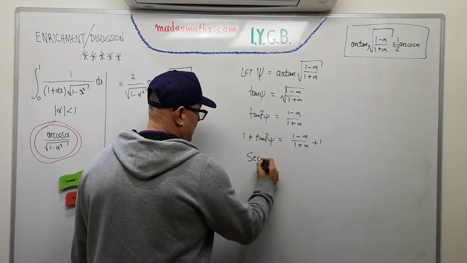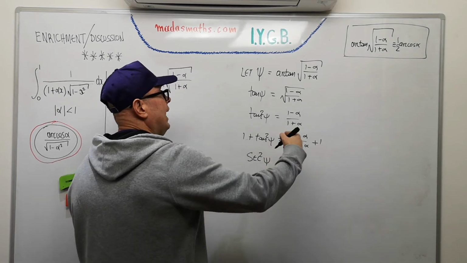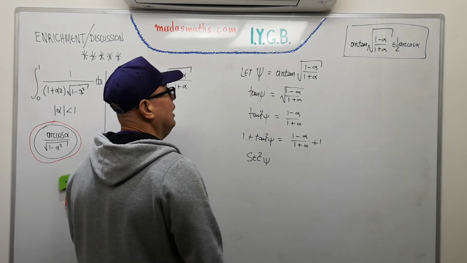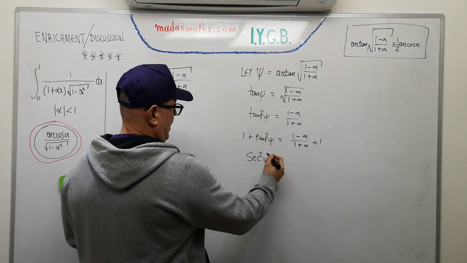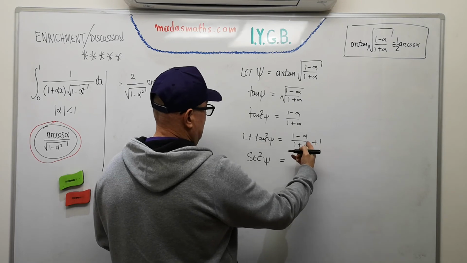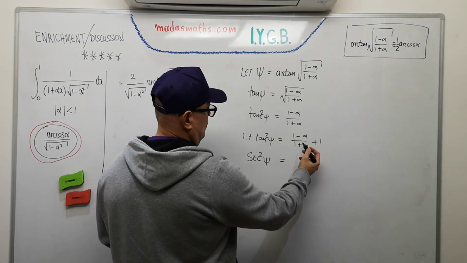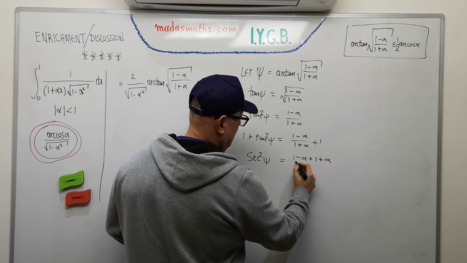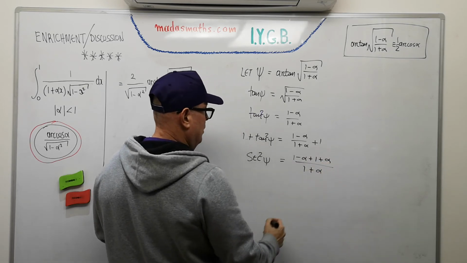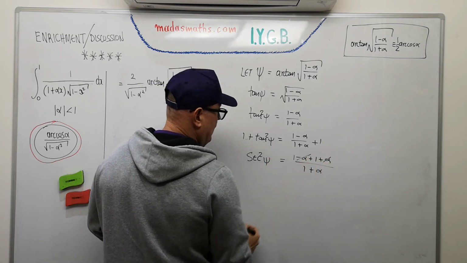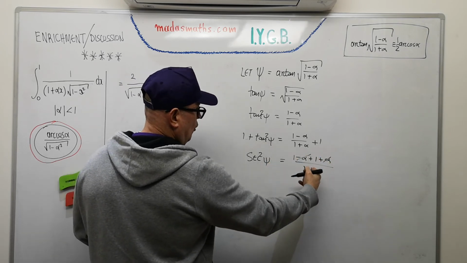That, of course, was my intention, to create a sec, and then from a sec I'm going to go to cos, and from a cos I'm going to go to an arccos. Okay, so we have the sec squared of psi is equal to, we need now, what do we need to put them together? 1 minus alpha plus 1 plus alpha over 1 plus alpha, which on the next line will cancel, so that is a 2 over that.